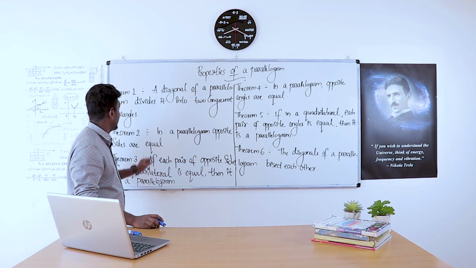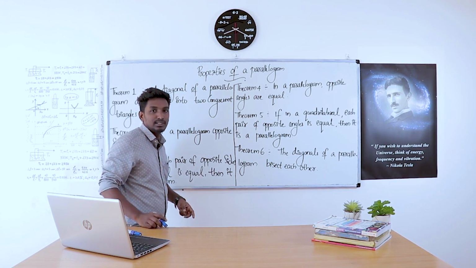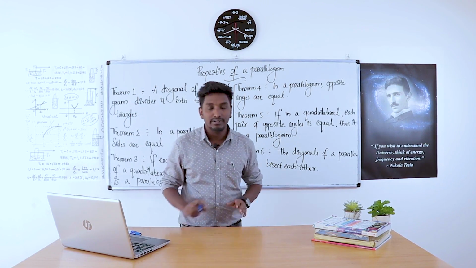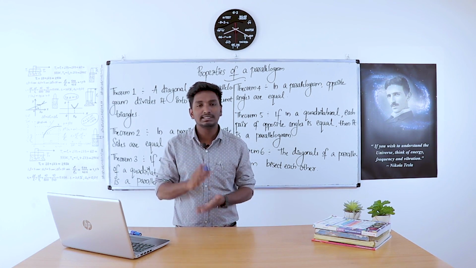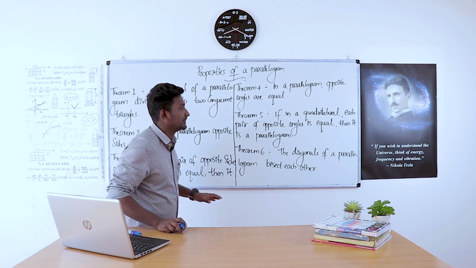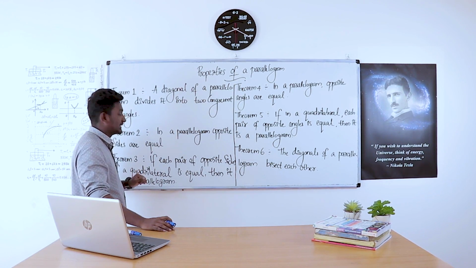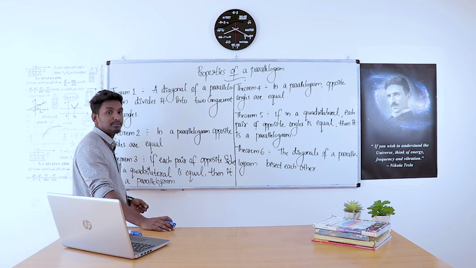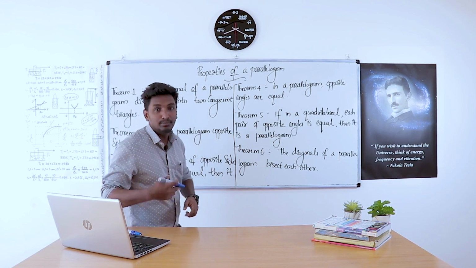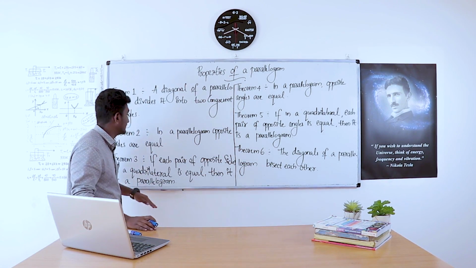Second theorem: in a parallelogram, opposite sides are equal. That we all know, that when we consider a parallelogram, opposite sides are equal. Then what is theorem number 3? If each pair of opposite sides of a quadrilateral is equal, then it is a parallelogram. So theorem 2 can be stated otherwise.